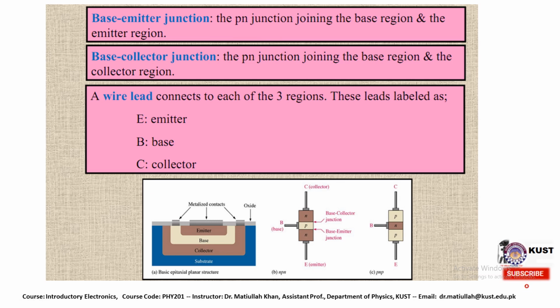A wire lead connects to each of the three regions. These leads are labeled emitter, base, and collector. Normally the emitter is represented by the letter E, B represents the base, and C represents the collector. This is again the symbolic representation of both PNP and NPN type transistors.